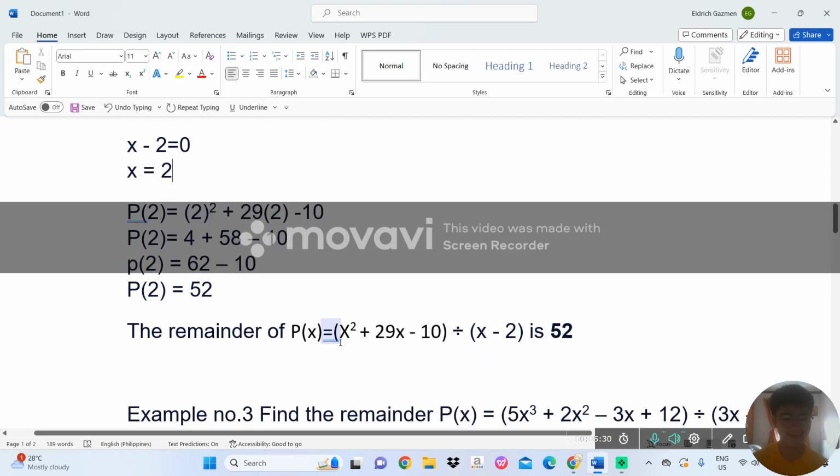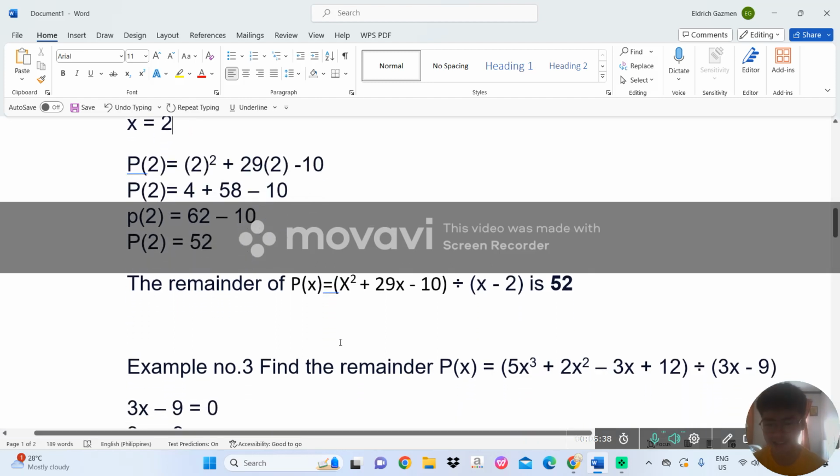Okay, on to example number 3. Find the remainder of our polynomial function 5x cubed plus 2x squared minus 3x plus 12 divided by 3x minus 9. Okay, we still follow the ways of what we did in examples number 1 and 2.